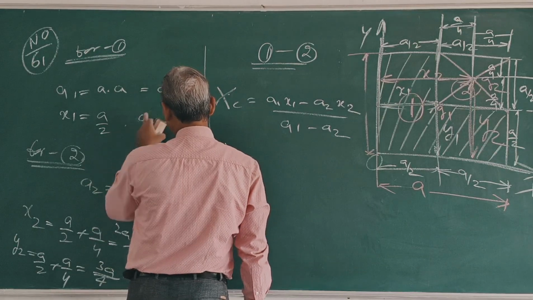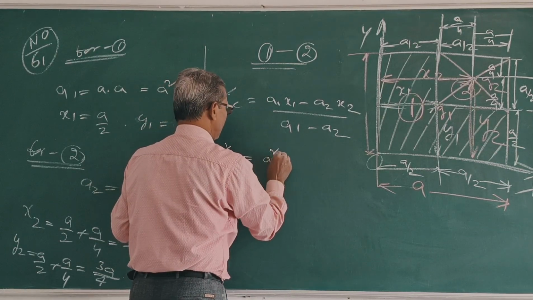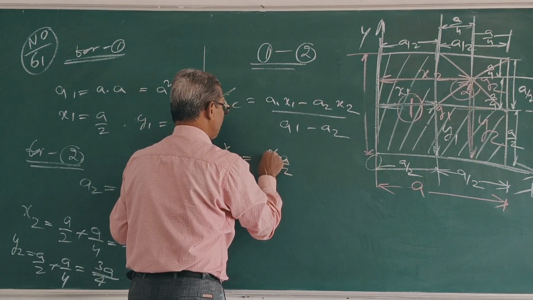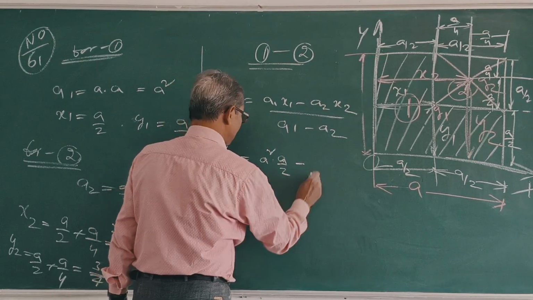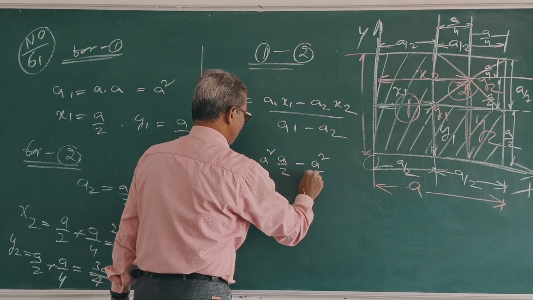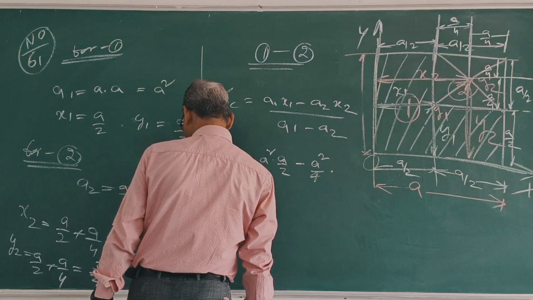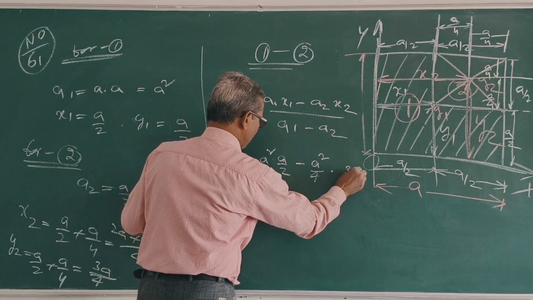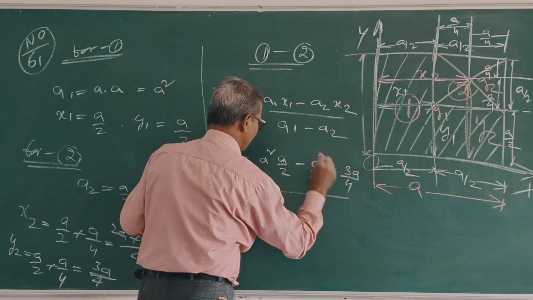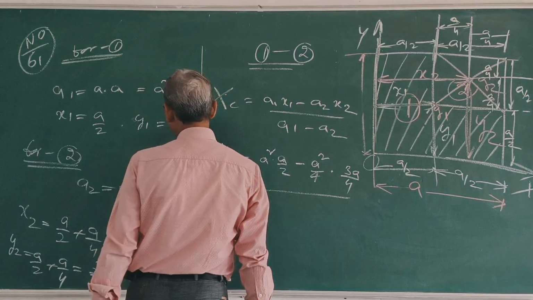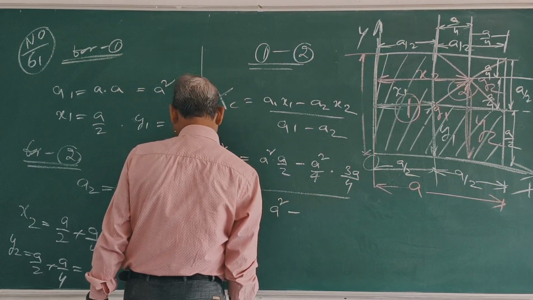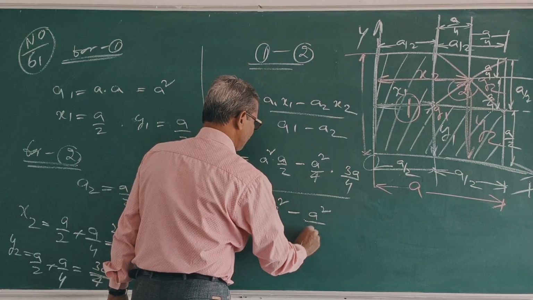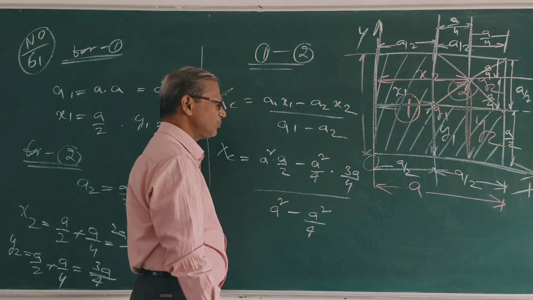What is A1? A square. What is x1? A by 2. What is A2? A square by 4. What is x2? 3a by 4. What is A1? A square. What is A2? A square by 4. Clear?